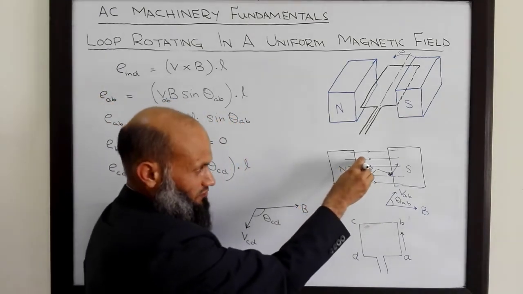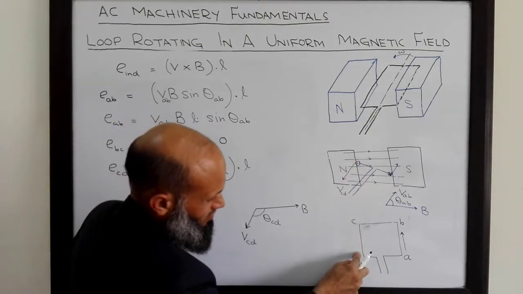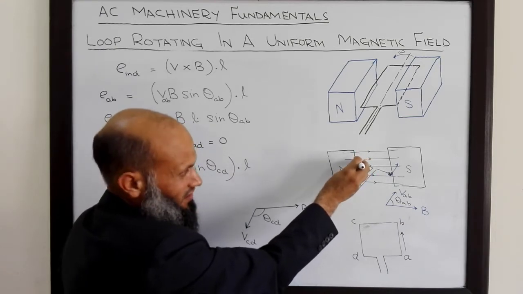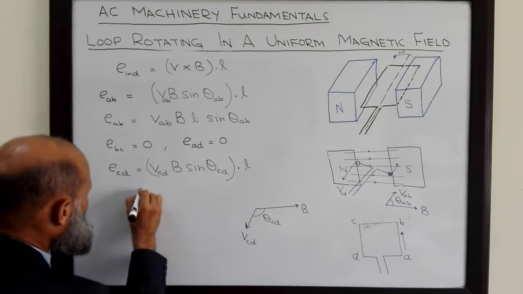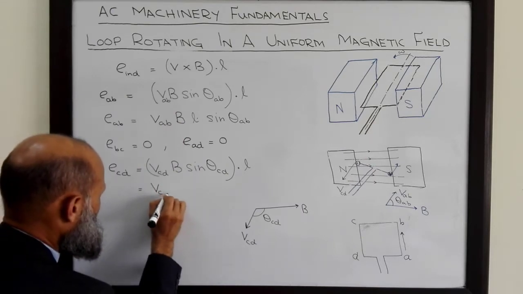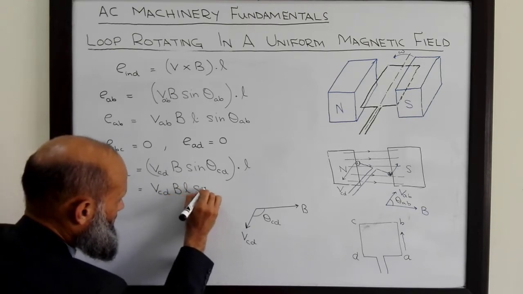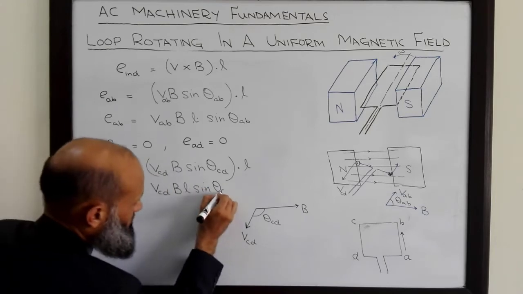This V cross B is then parallel to the length vector. This conductor is placed like this one, so V cross B is also in this direction. So V cross B and L are parallel. So we have V_CD B L times the sine of the angle between this vector and this vector.